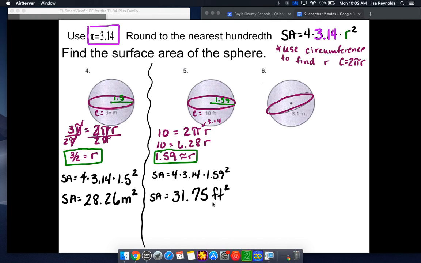So one more time, they give us the circumference of the great circle. So we use the circumference formula. Our circumference is equal to 2 times our value of pi times the radius.